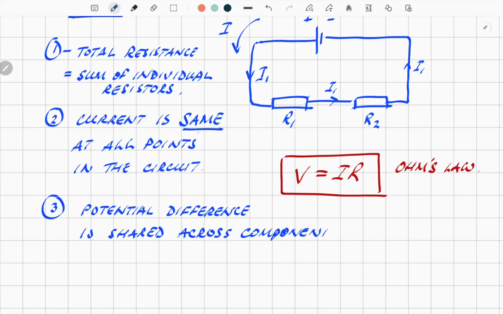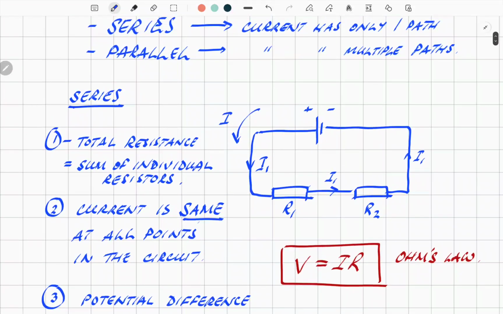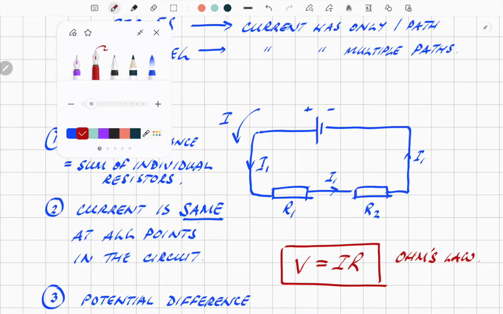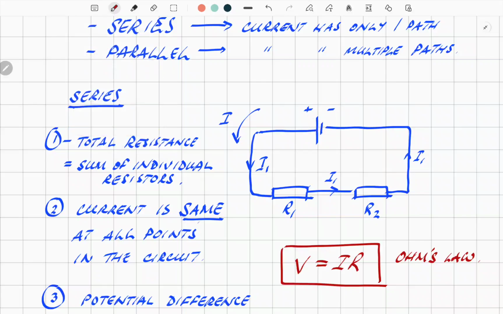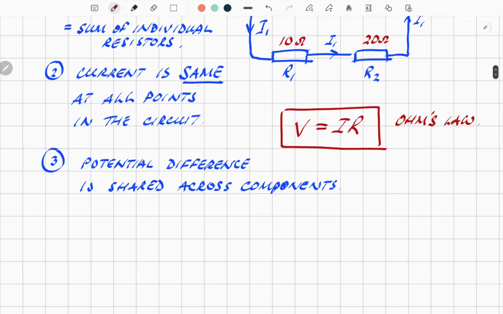And I'll give you an example on that. All right. So in this circuit, let's imagine this voltage here is 6 volts. Yeah. Okay. And the resistance 1, R1, is 10 ohms. And R2 is 20 ohms. All right. What happens is that the voltage is going to be shared, right, in proportion to the resistance.